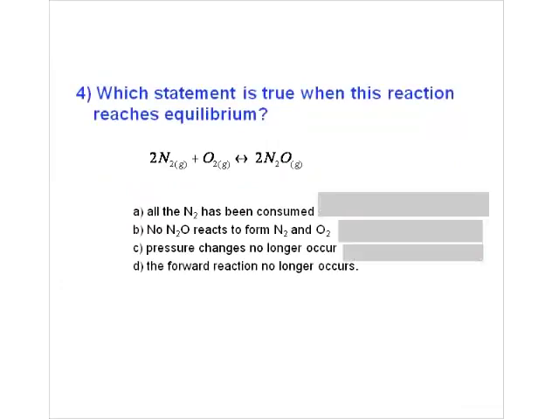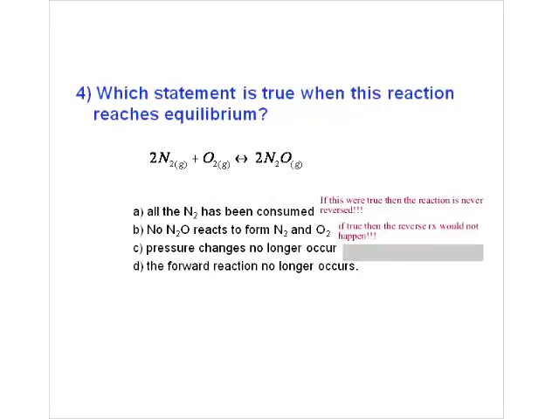And number 4 here, which statement is true when the reaction reaches equilibrium? And we're saying here that all the nitrogen has been consumed? Absolutely not. If it was, then the reaction would never be reversed. We have to be able to have some of everything present in order for the reaction to go forward and reverse. N2O reacts to form N2 and O2.